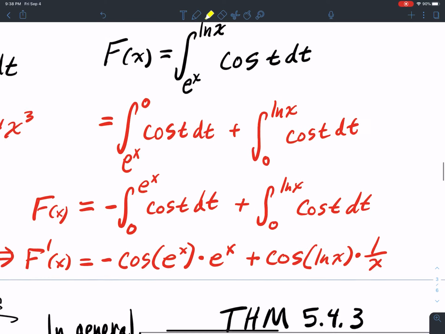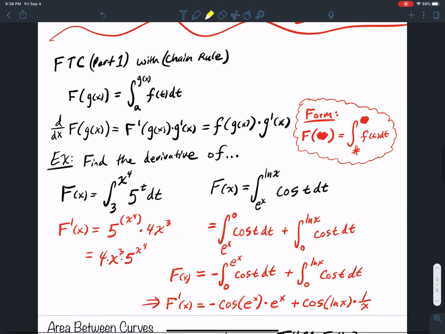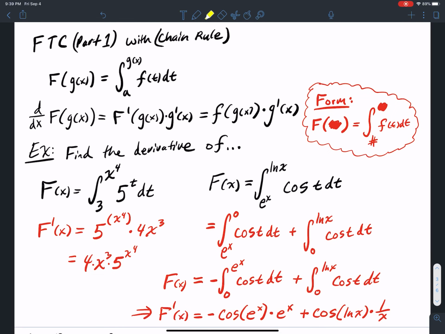Okay? So hopefully this gives you a better idea of how the chain rule works here. This is meant to be some of the easiest problems in all of calculus. If you think about it, if you just have some number down here and x up here, f of t dt, the derivative of the integral is just f of x, okay?